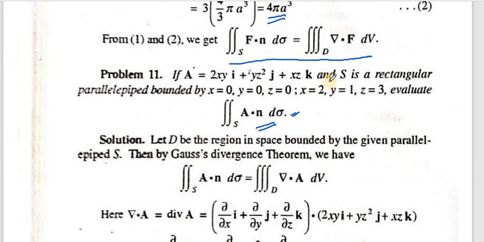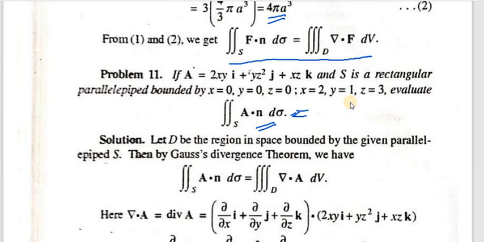Here we have to find the double integral over S of A dot n d sigma. Here the surface S is the rectangular parallelepiped bounded by x equal to 0, y equal to 0, z equal to 0, x equal to 2, y equal to 1 and z equal to 3. So it's a closed oriented surface, so we can use the divergence theorem.